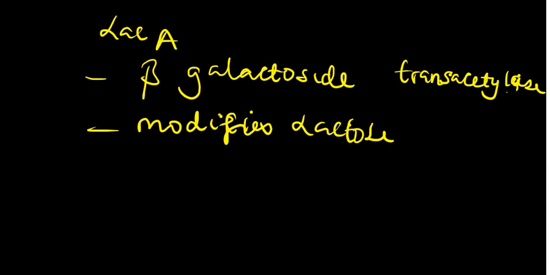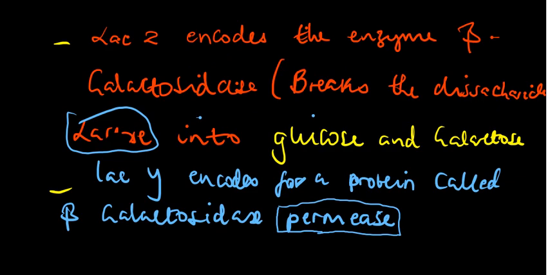We talked about Lac Z, which encodes for beta-galactosidase, and this beta-galactosidase breaks the disaccharide lactose into glucose and galactose. Then we have Lac Y, which encodes for beta-galactoside permease, which pumps lactose into the cell.